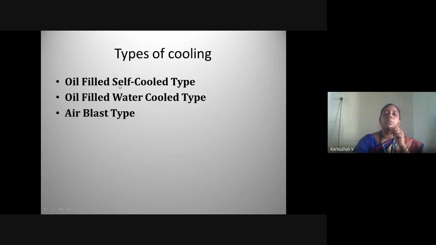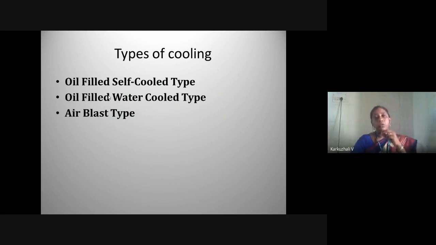Types of cooling. Between the insulations, you can cool the transformer, because a transformer converts one voltage to another voltage. There will be high voltage transformers and low voltage transformers. For high voltage transformers, because of the current flow, the core gets heated up and the current flows in the winding, which results in more losses like I squared R loss, copper loss, eddy current loss, or core loss.